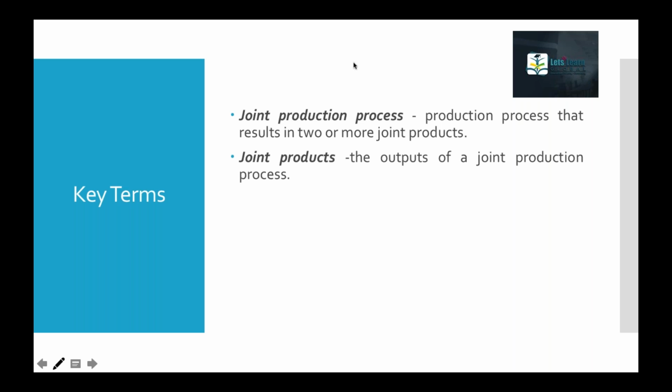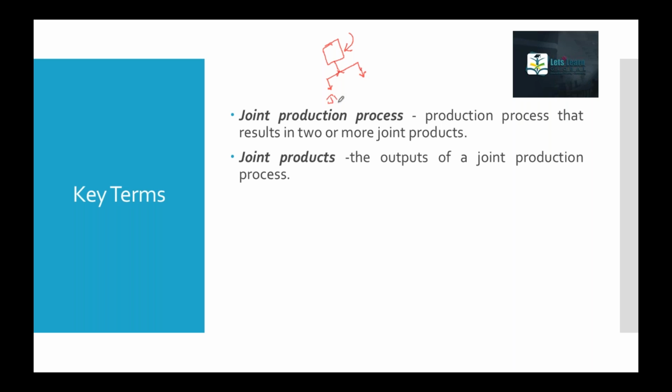Joint products are those which are intentionally produced. So in a joint production process, you incur joint cost here, and you have an identification point which is called a split up point. And at this point, when you identify, you separate them as different products.